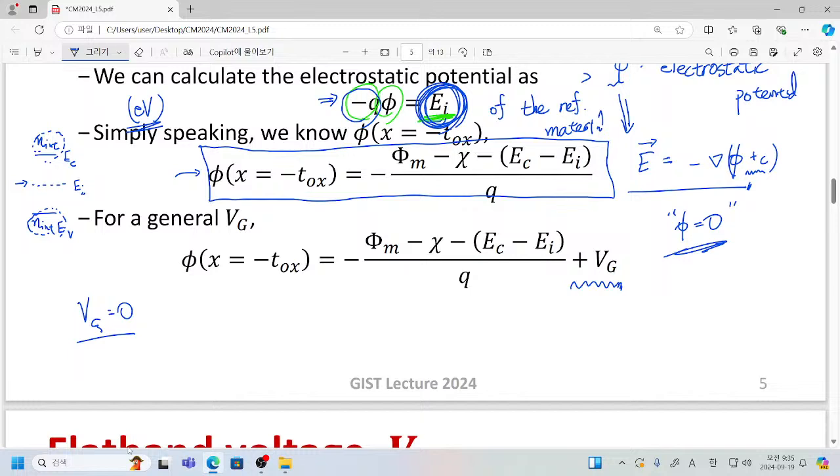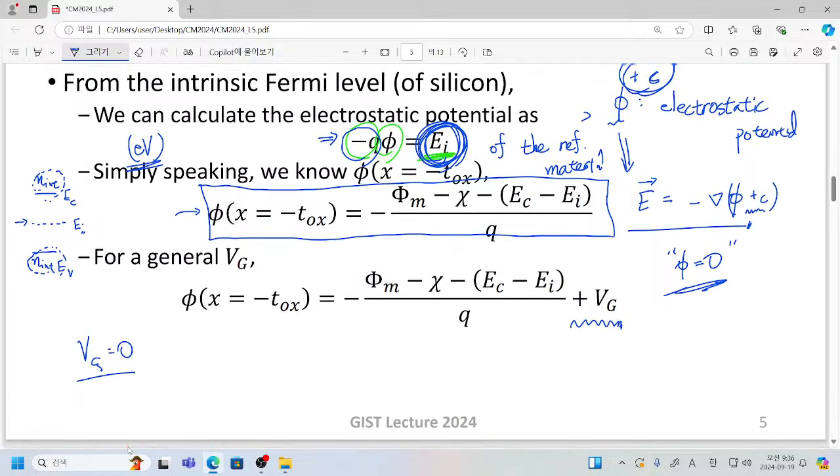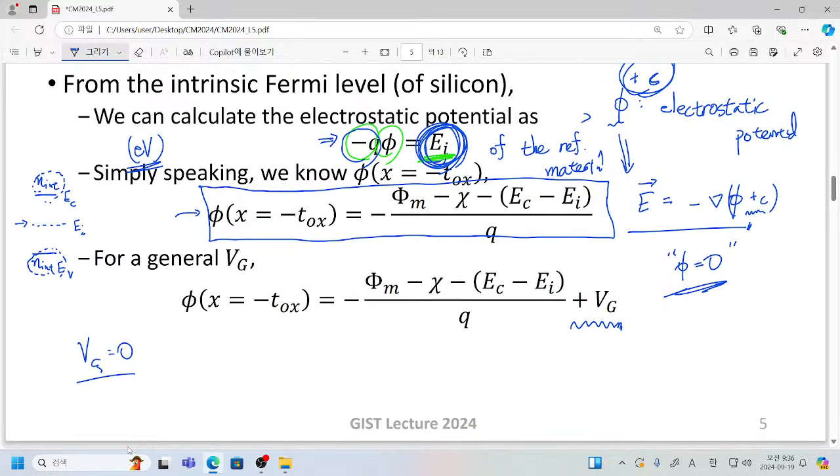So let's just consider a rough estimation of these numbers. This is really a rough estimation. The reason I call it rough is that sometimes our metal work function can vary quite a lot. For example, if you have 4.1 eV, this is usually the value for an N MOSFET.